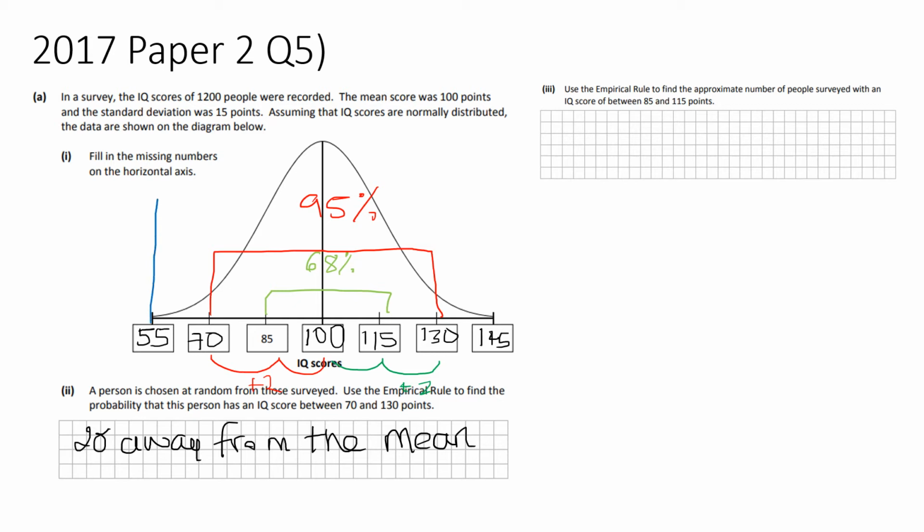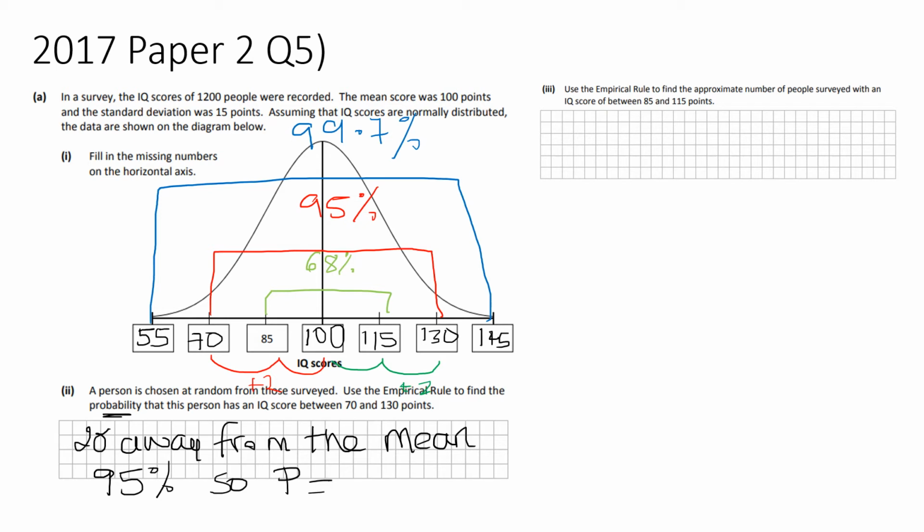But because it's 2 away from the mean, that's 95%, and they want you to write it as a probability. So 95%. So the probability is equal to 0.95. I'm just writing it as a decimal because probability is generally written as a decimal.